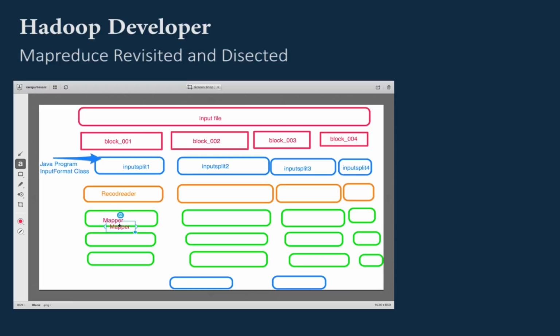Mapper phase will read one record at a time and perform processing on one record at a time. Then there is optional combiner. And there is not optional, compulsory partitioner.